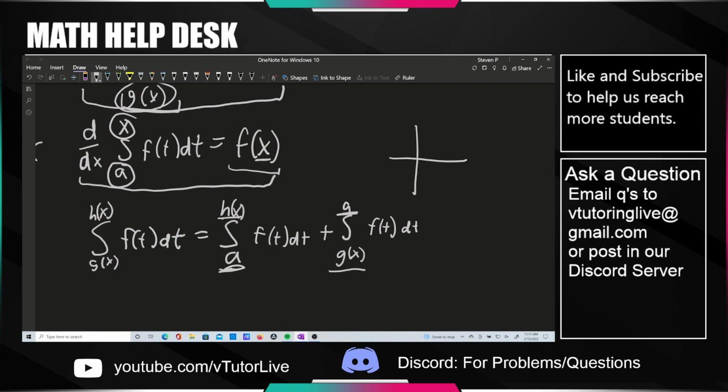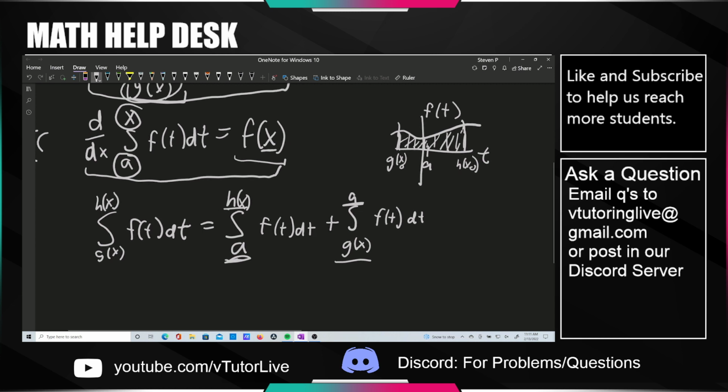So if this function here was f of t, and this point was a, and some point over here was g of x for some particular value of x, and this was h of x for some particular value of x, maybe call it x naught, the idea is basically saying the entire area under the curve is equal to this area plus this area, which makes perfect sense, right? It's splitting the areas up and they add together pretty nicely.